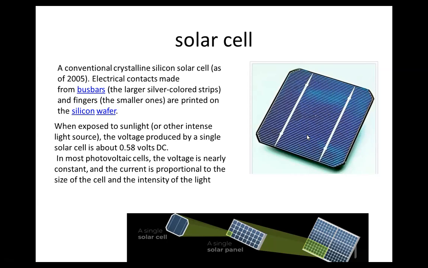When it is exposed to sunlight, it will generate a voltage of about half a volt. In most photovoltaic cells, the voltage is constant, and the current is proportional to the size of the cell and the intensity of light. Now, our solar panel that we are using at the lab looks something like this one.